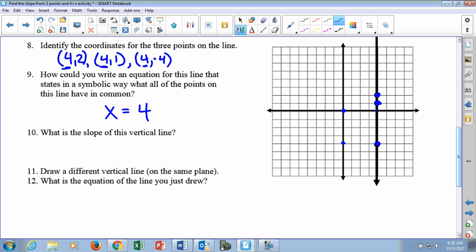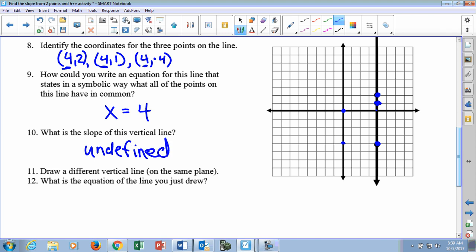And that's the equation of a vertical line. Notice there's no y. Why is there no y? Because it's undefined. We don't know what the slope is. Okay? So the slope of this vertical line is undefined.